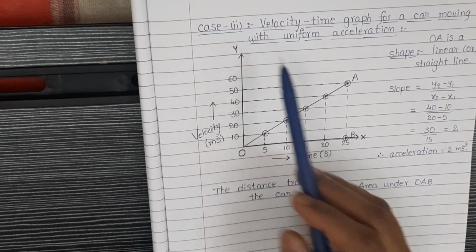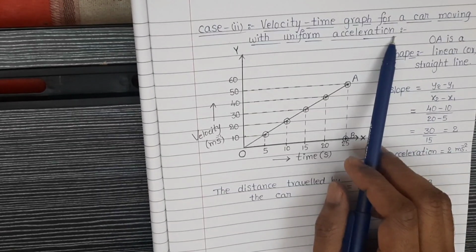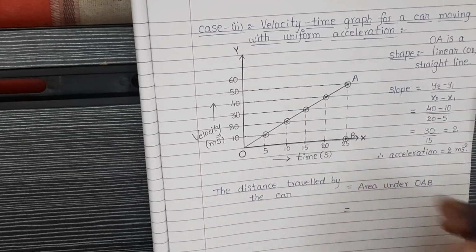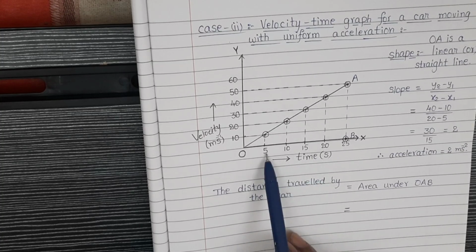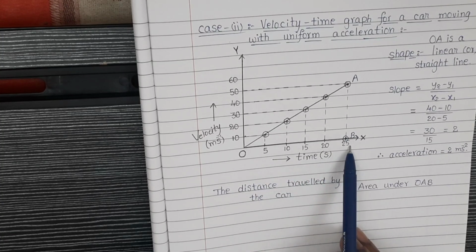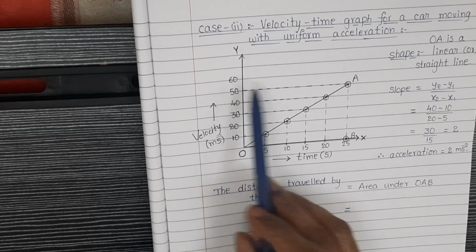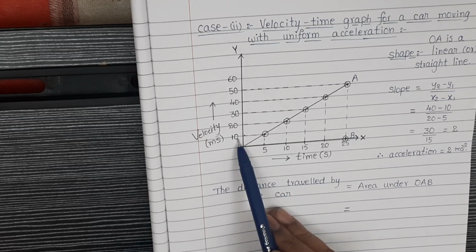Now case 2, velocity time graph for a car moving with uniform acceleration. The previous case was uniform velocity. Now we are going to study the uniform acceleration graph. So again, I am taking the time interval 5, 10, 15, 20, 25 seconds, and velocity 10, 20, 30, 40, 50, 60, etc. When t is 5 seconds, the velocity of the car is 10 meter per second.